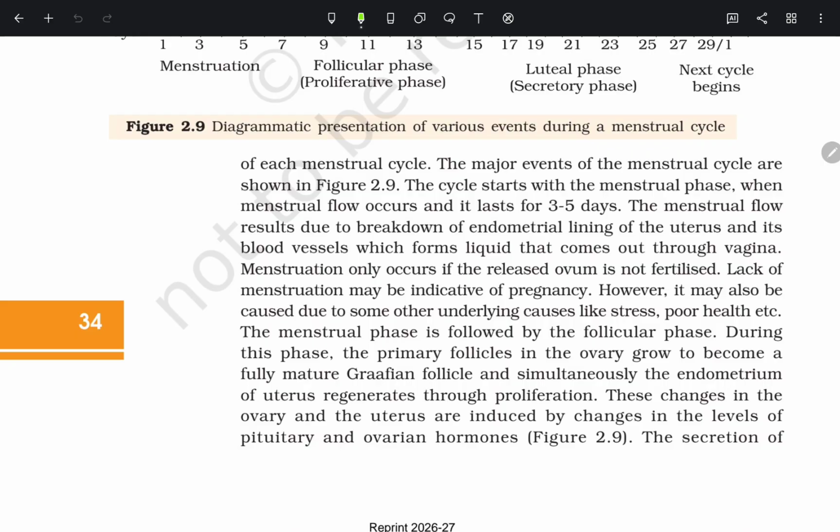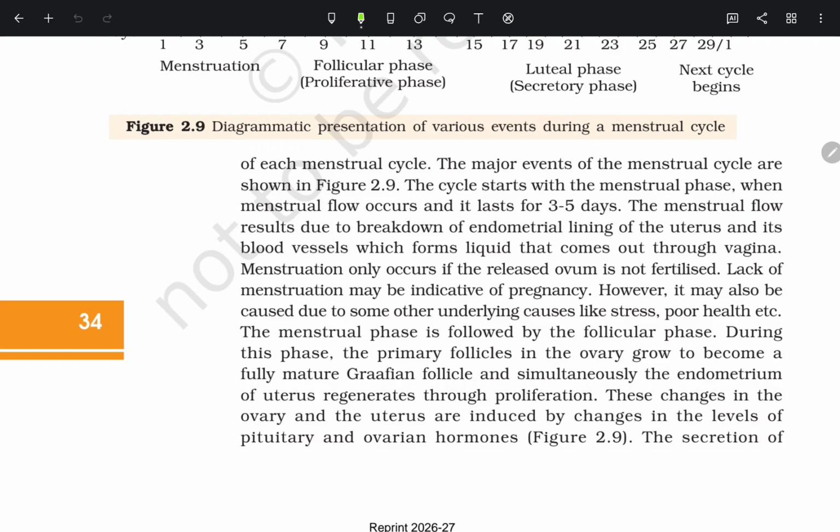Menstruation only occurs if the released ovum is not fertilized. Lack of menstruation may be indicative of pregnancy. However, it may also be caused by other underlying causes like stress and poor health.